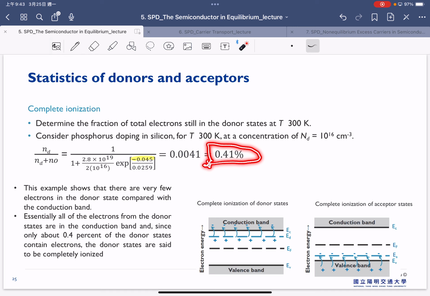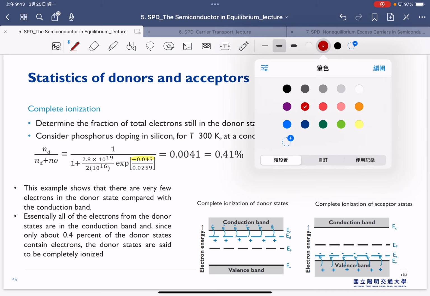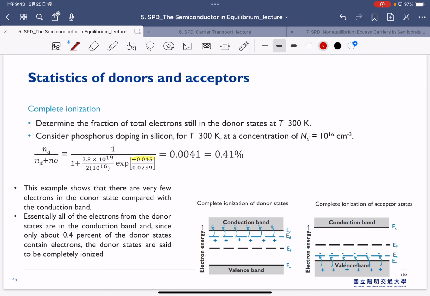That means more than 99% of the electrons are already in the conduction band, so we can consider this a complete ionization.